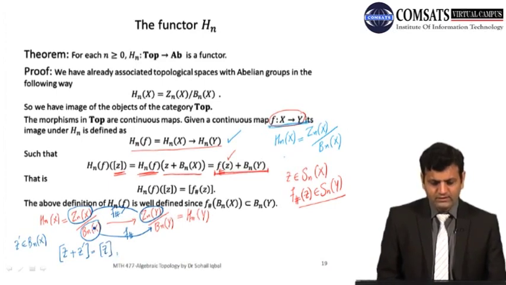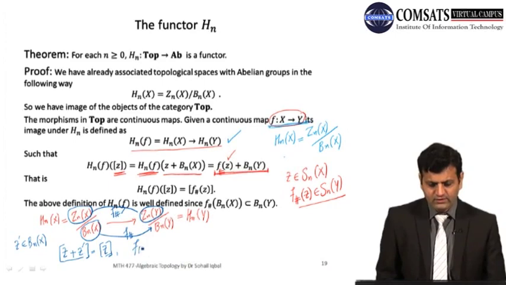So I can take an element of Bn(X) and add it to z, and it will be the same class, because the class of z is basically z plus Bn(X). If this happens, then I should get the same image for both of these representatives of the same class. So let's calculate what will happen with this element.